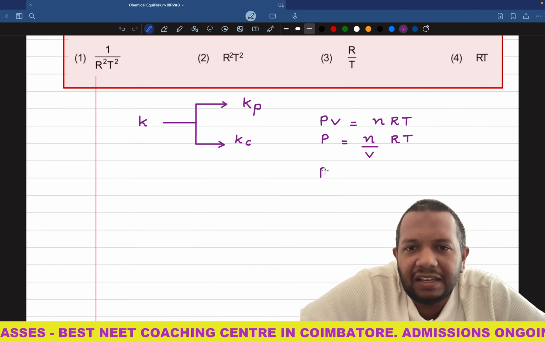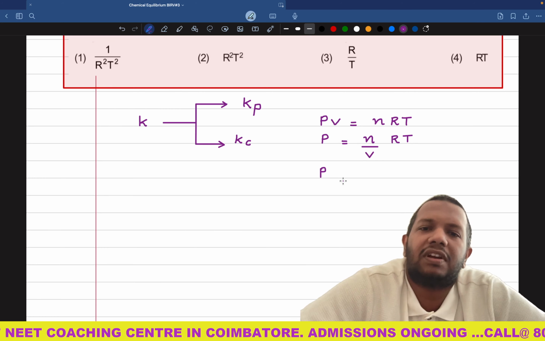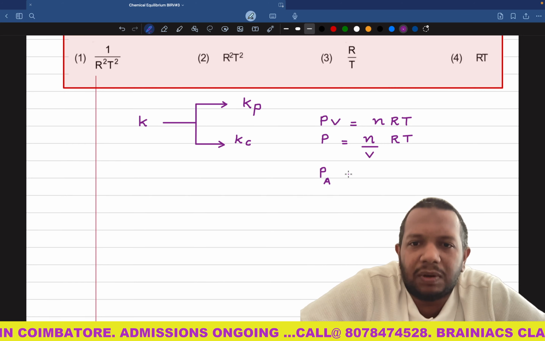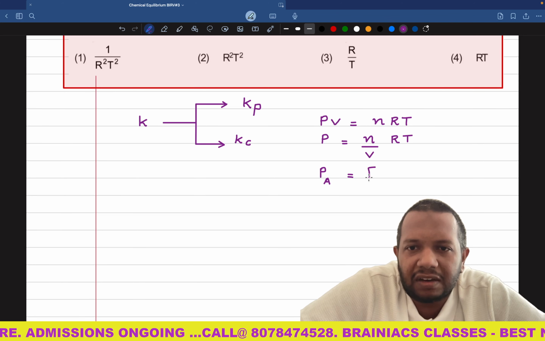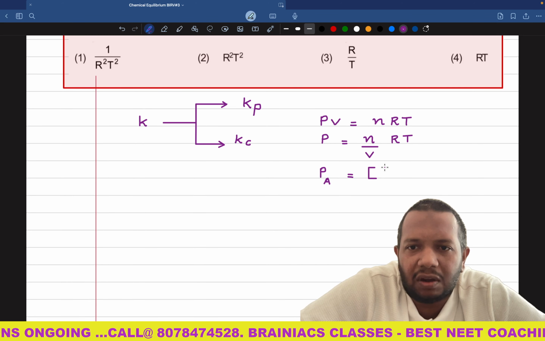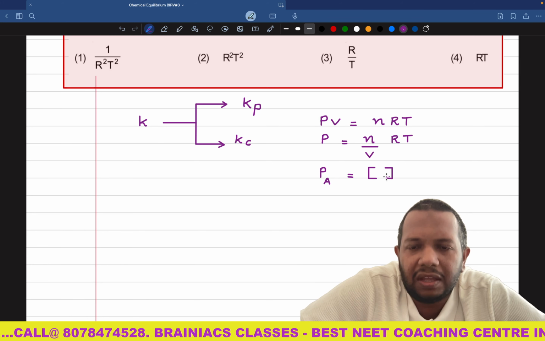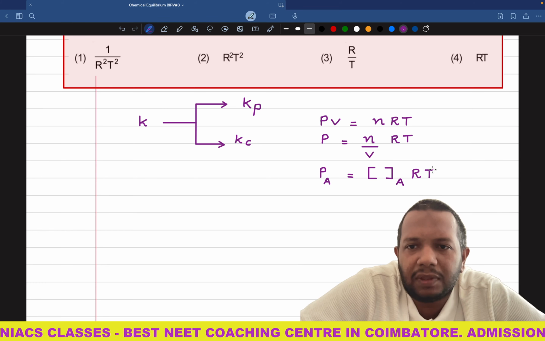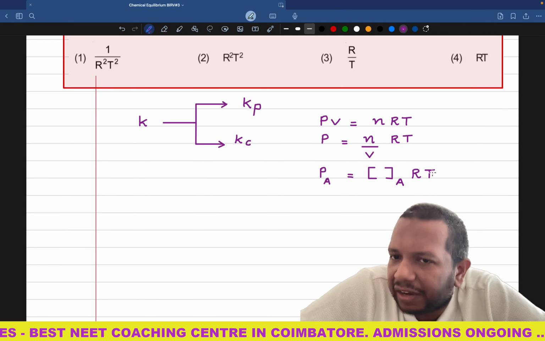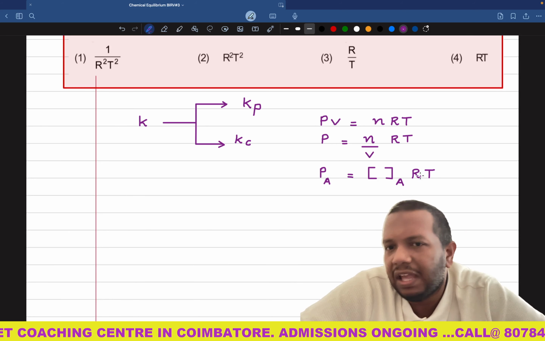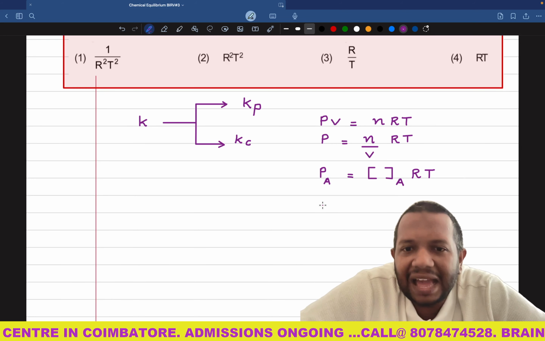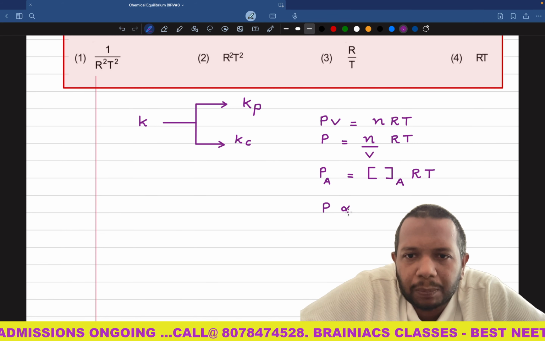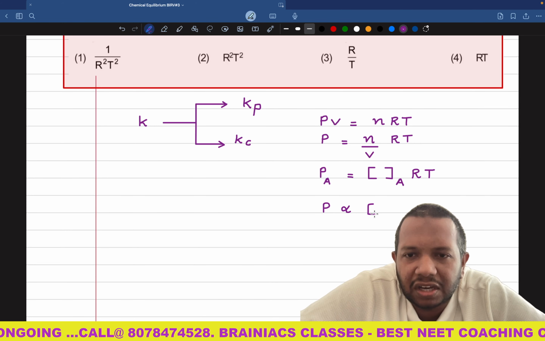Let me say the reactant is A, then I can say it is the concentration of A, and I can write that as PA, the partial pressure of A. So this is the concentration of A times R times T. Now we know that the whole reaction happens at a specific temperature and R is a constant. In that case, we can write that pressure is directly proportional to concentration.